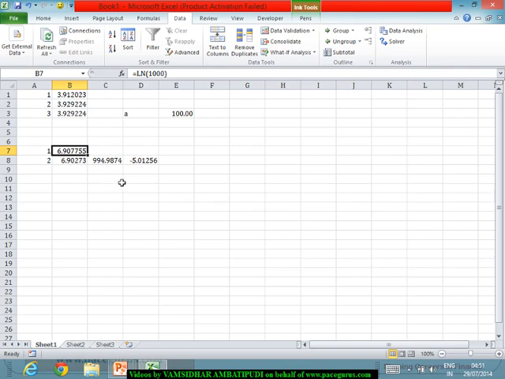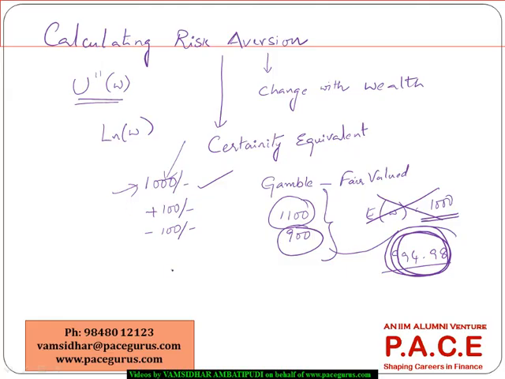So unless he feels that okay, there is a 70% chance of getting 1100 and 30% chance of getting 900. If that is the case, what is going to be the expected value of the wealth? 70%, 77 plus 27, making it 1040. So the expected value is increasing.